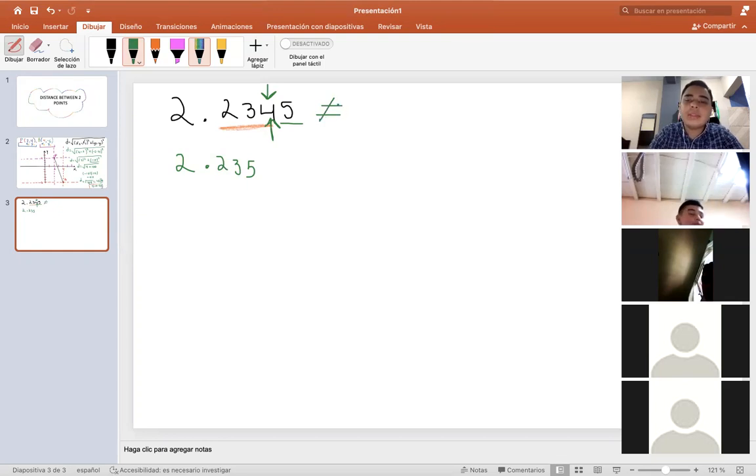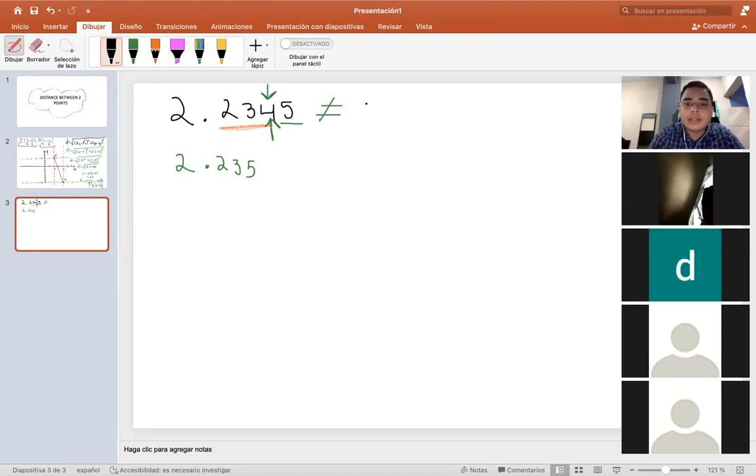This symbol means it's not the same. It's different than if we had, for example, 2.2344. If I ask you again to give me just 3 decimal numbers, I'm just asking you for these 3.